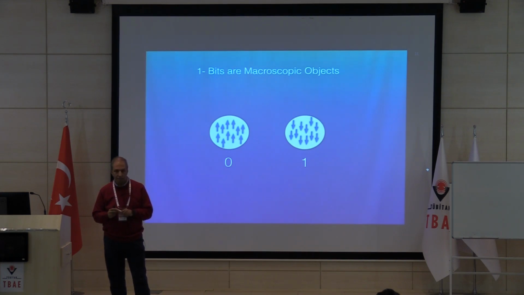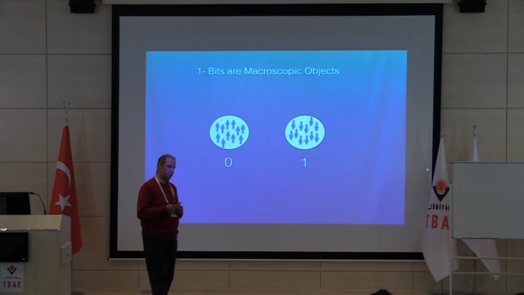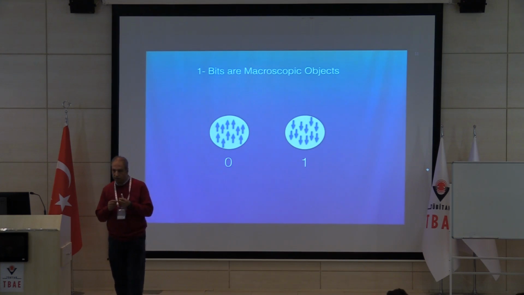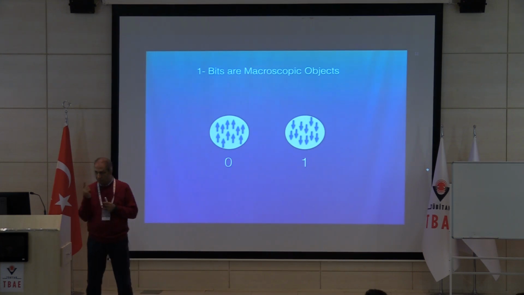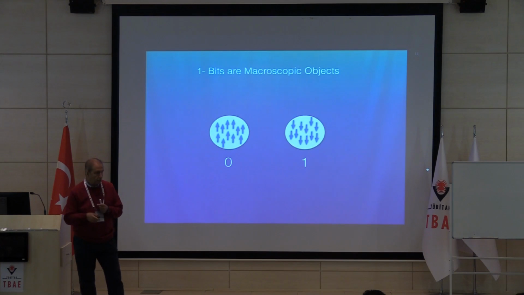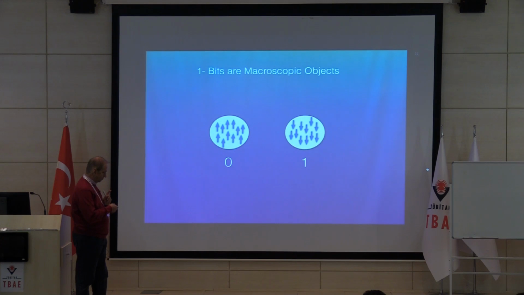A magnetic domain on a hard disk forms a classical bit, but that magnetic domain consists of billions of atoms. If the magnetic moments of the spins of the atoms point in the up direction, the bit is 0. If they point in the down direction, the bit is 1.